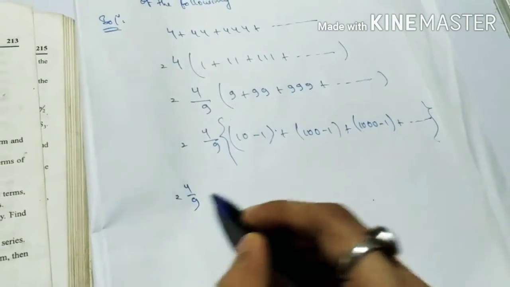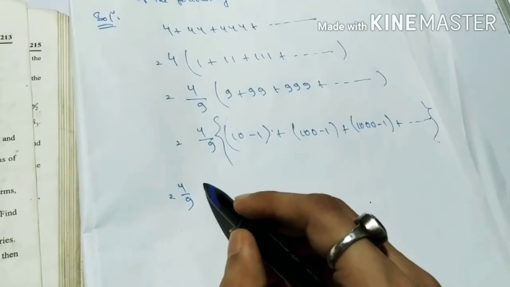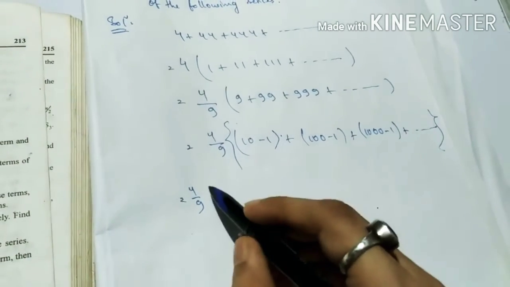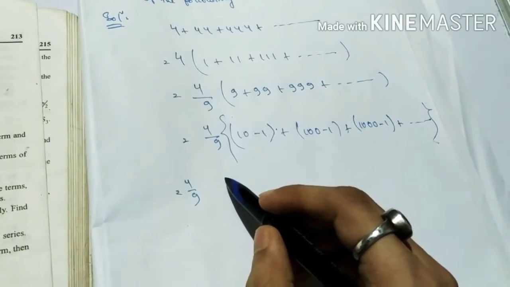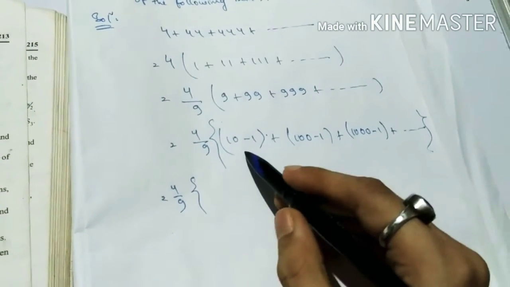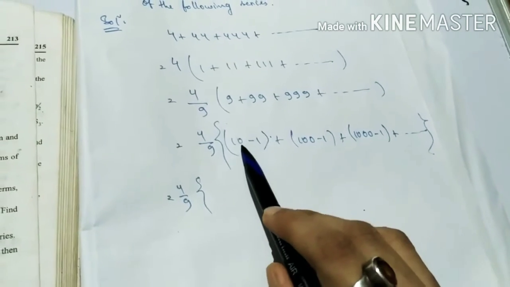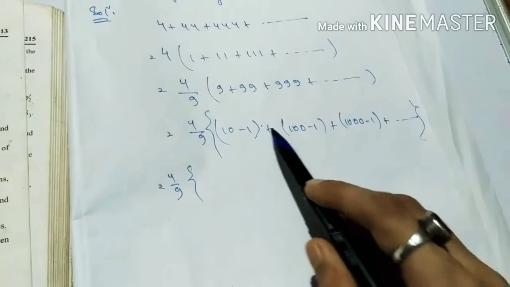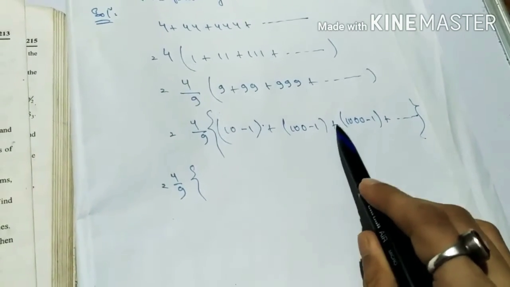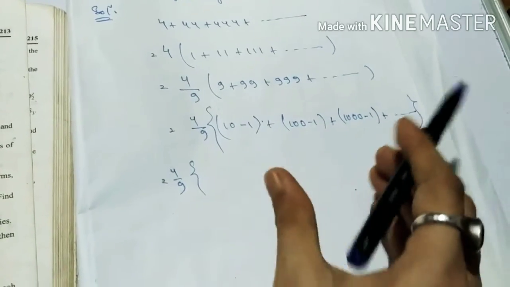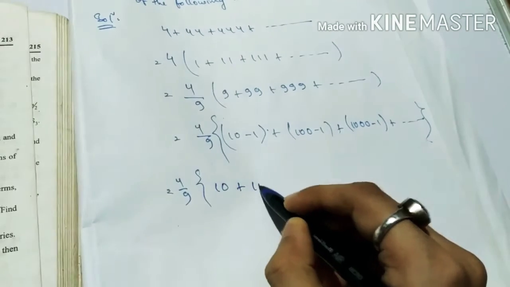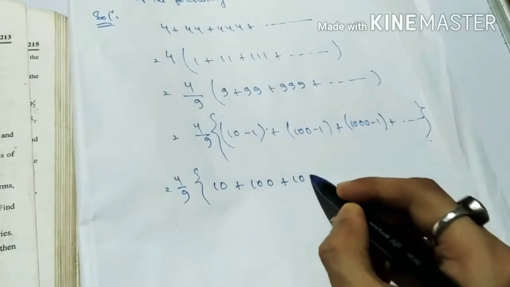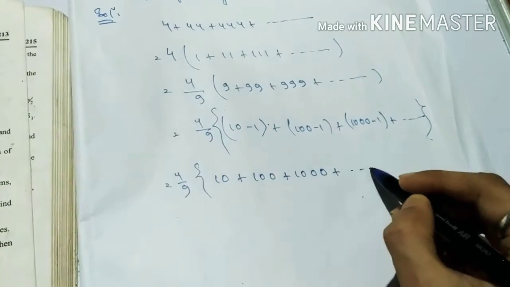This is 4 by 9, and now I bring these things to one side: 10 plus 100 plus 1000 plus dot dot dot.